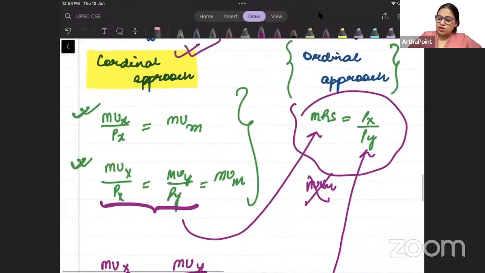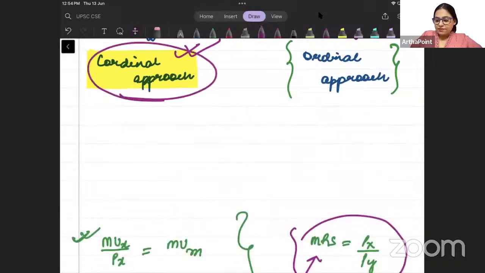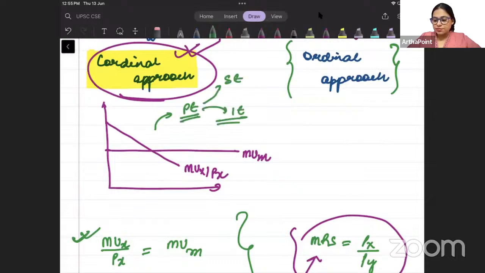When we were doing the cardinal approach and had derived the demand curve using MUX by PX, MUM, at that point we had written this disadvantage: it does not consider how the price effect can be decomposed into substitution and income effect.